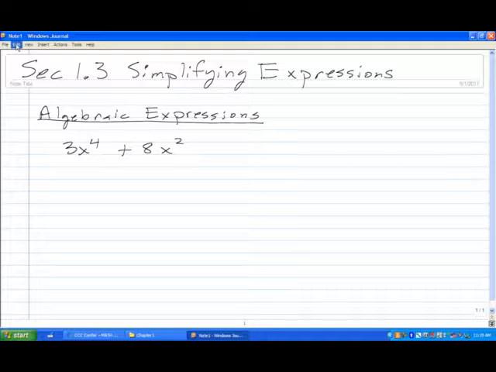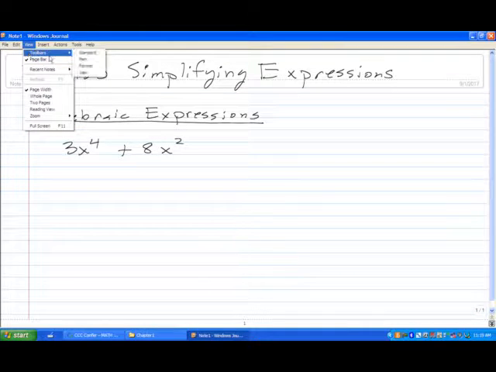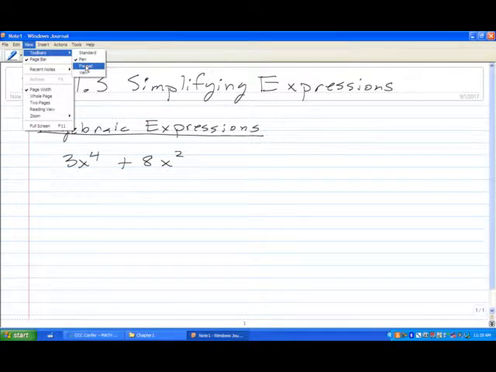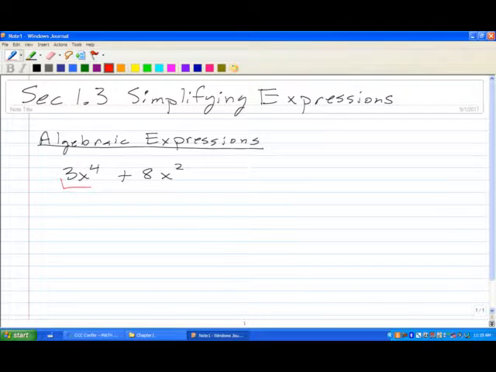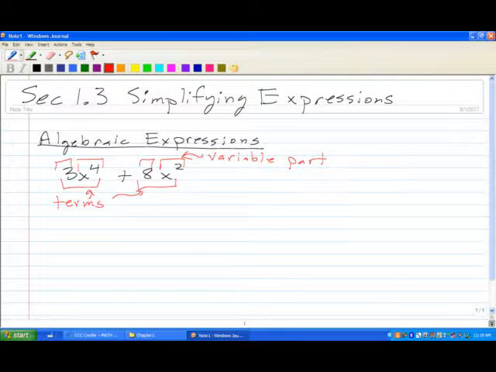Each of these terms will consist of two parts, a numerical part and a variable part. So we have a variable part and we have a numerical part.